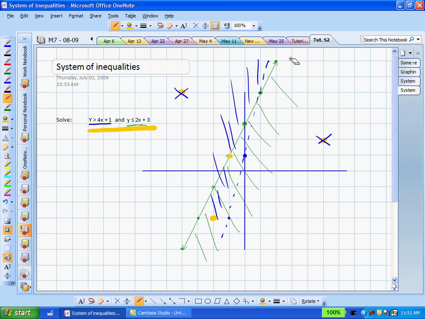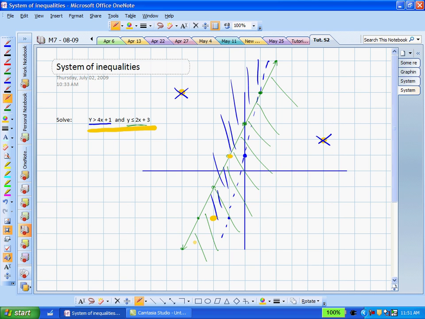Okay, so in order to work, can you tell me in English what it's going to have to be? They would have to be on the green line and still in the blue shaded region.